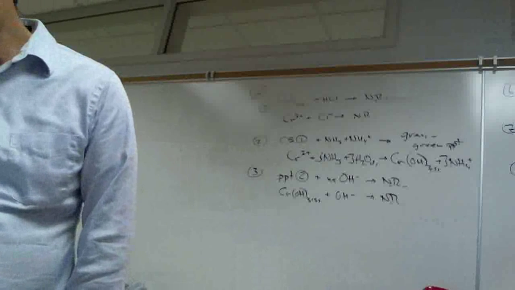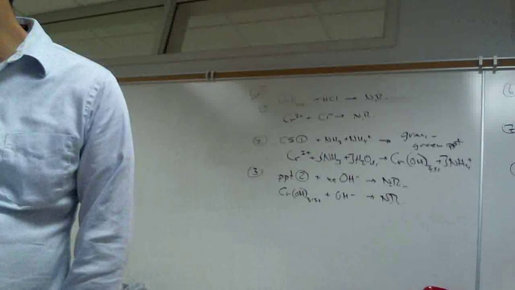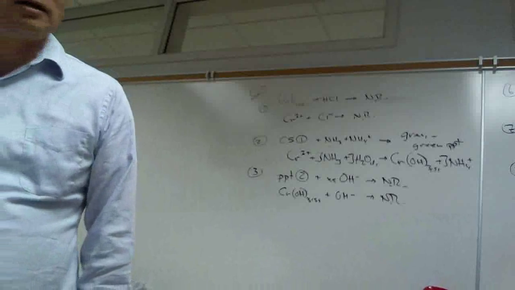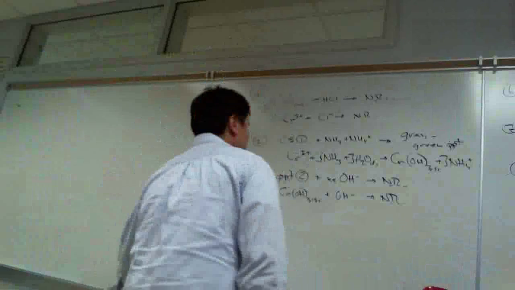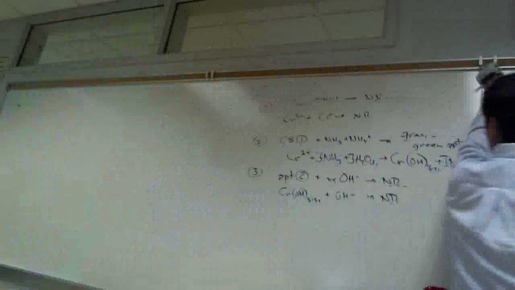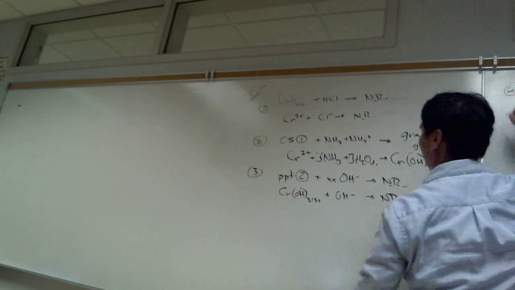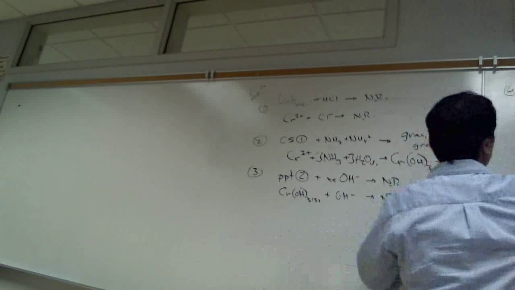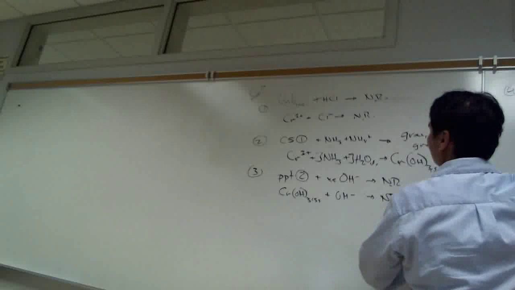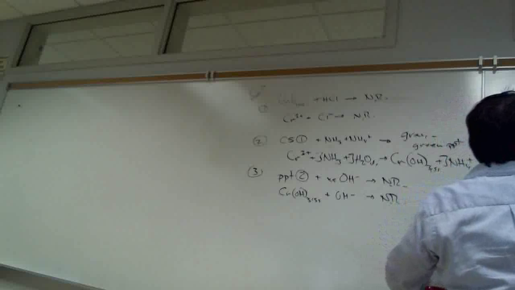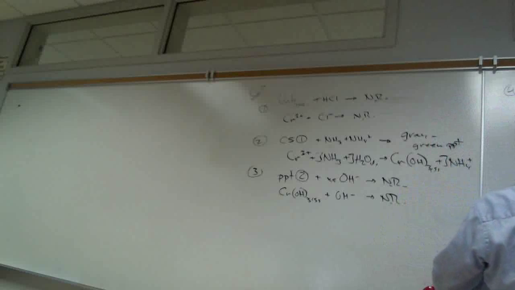All right, then after the excess hydroxide, we hit it with hydrogen peroxide. So let's go to the next step here. And so does chromium 3 hydroxide react with hydrogen peroxide? So if we take the precipitate from step 3, reacted with hydrogen peroxide, yes, it does react.